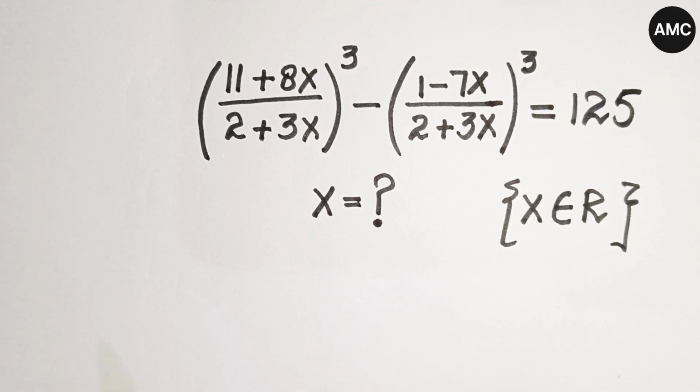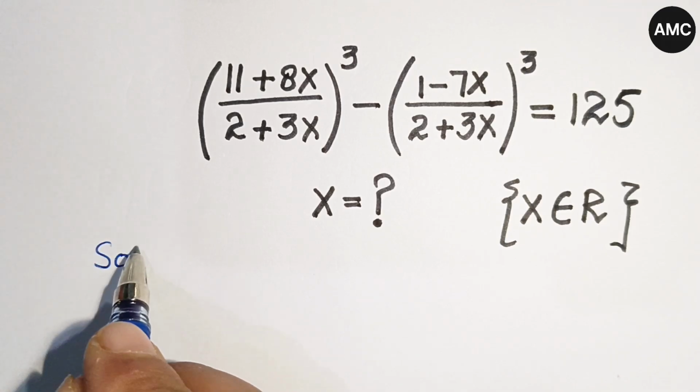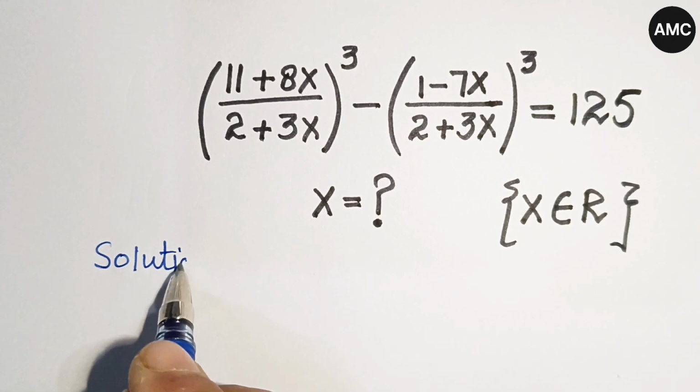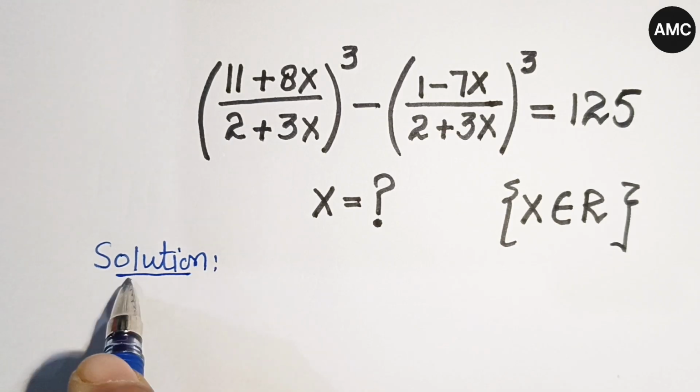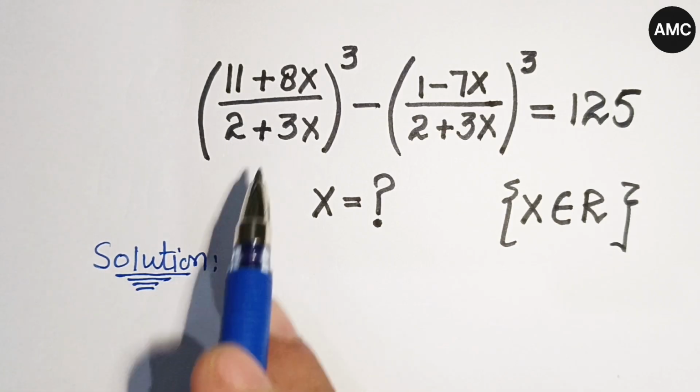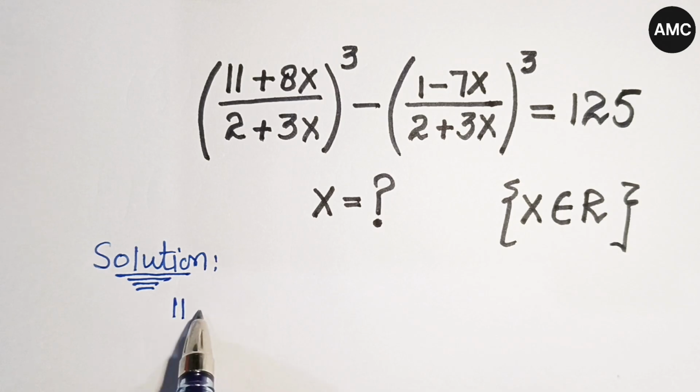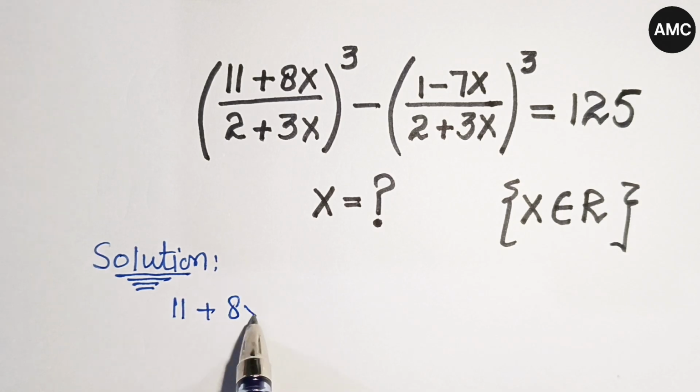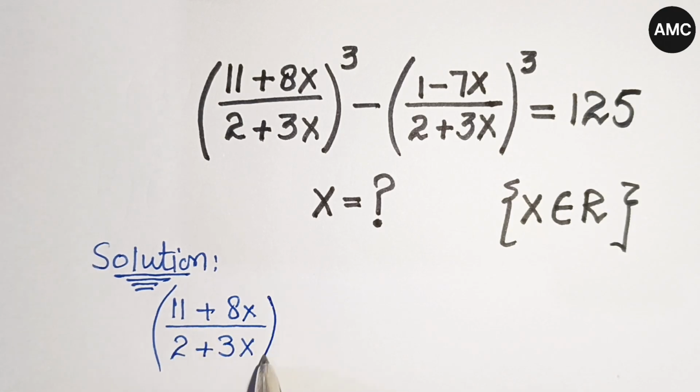Now starting our solution, here we have ((11 + 8x) / (2 + 3x))³ minus the term (1 − 7x).